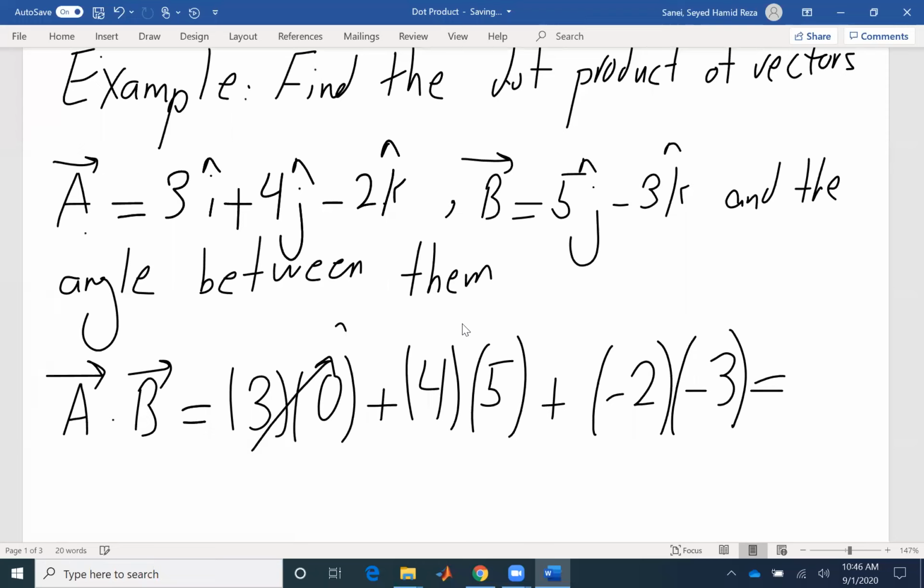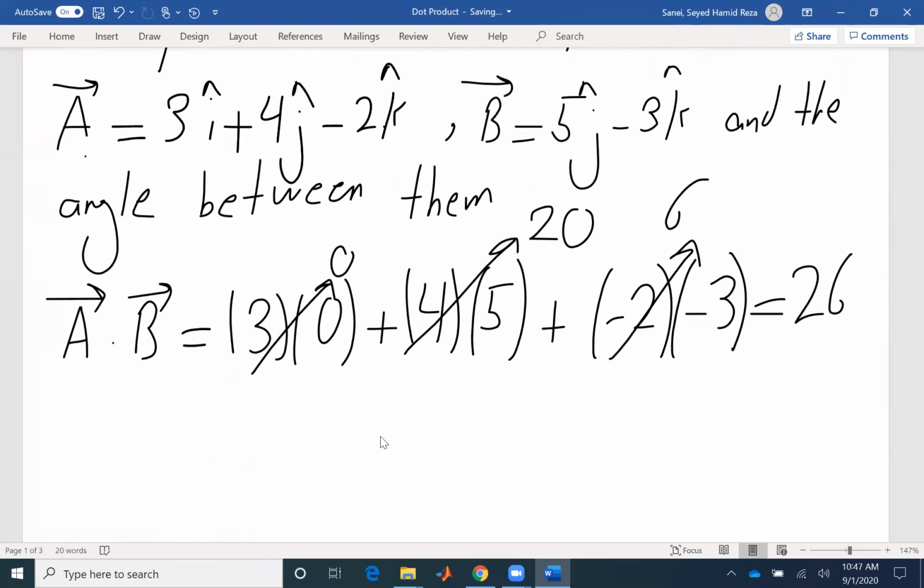This one would be 0. This one would be 20. And this one would be 6. Negative times negative would be positive, so that would be 26. A common mistake that I see in homeworks or exams is that the students use I and J and K here. Again, the result of a dot product is a scalar value. So we found the first part of the problem, 26.